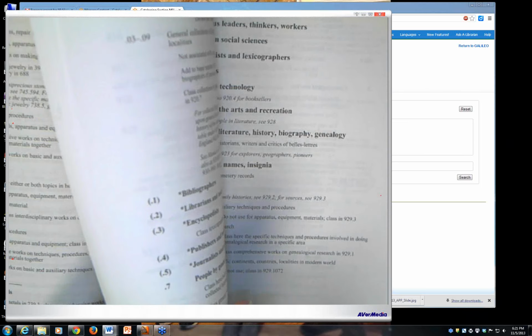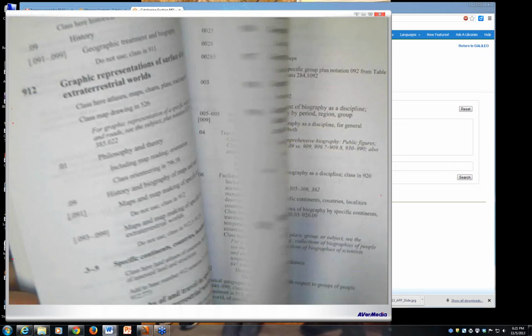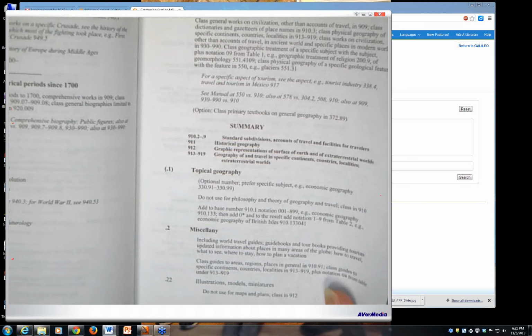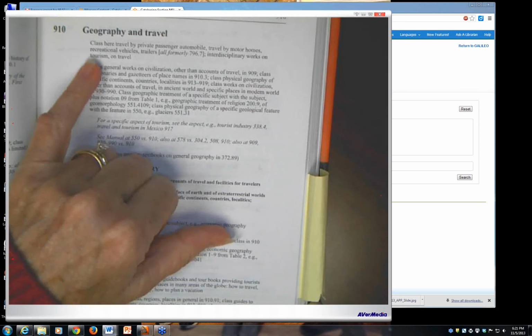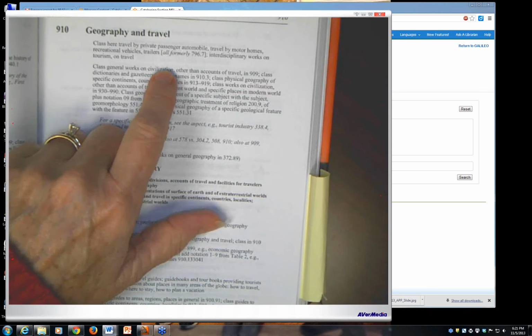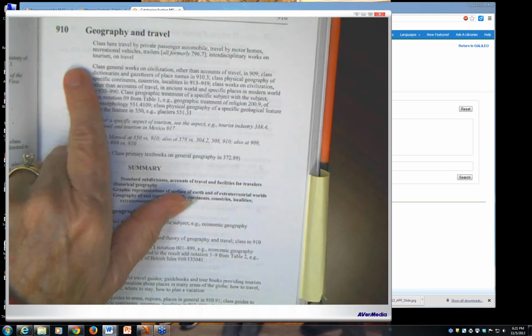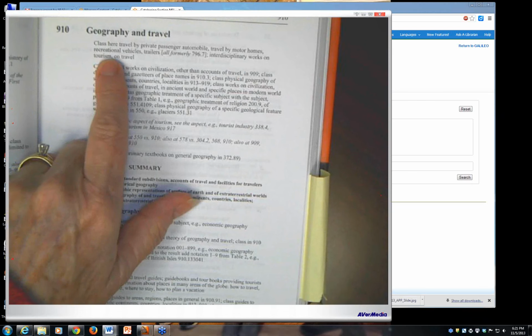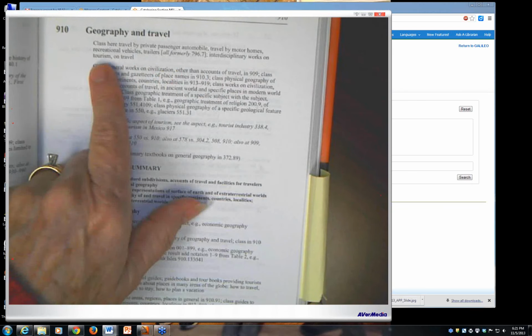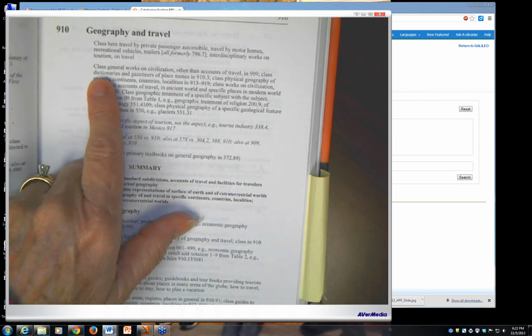Stay with me on this. 910. And we find it is geography and travel. Okay, we start reading the notes. Class here, travel by private passenger automobile, travel by motor homes, recreational vehicles, trailers, interdisciplinary works on tourism and travel.